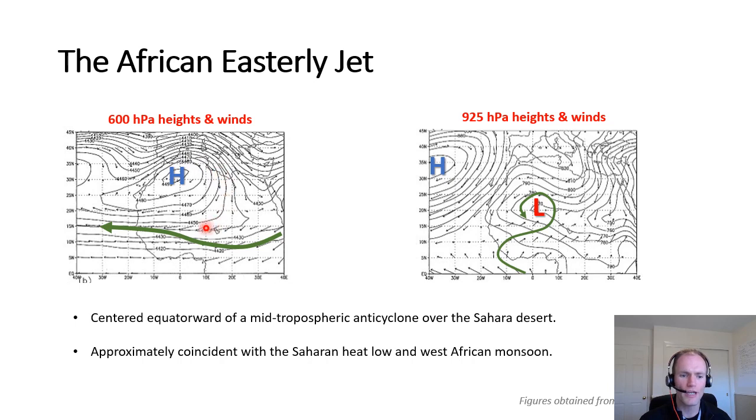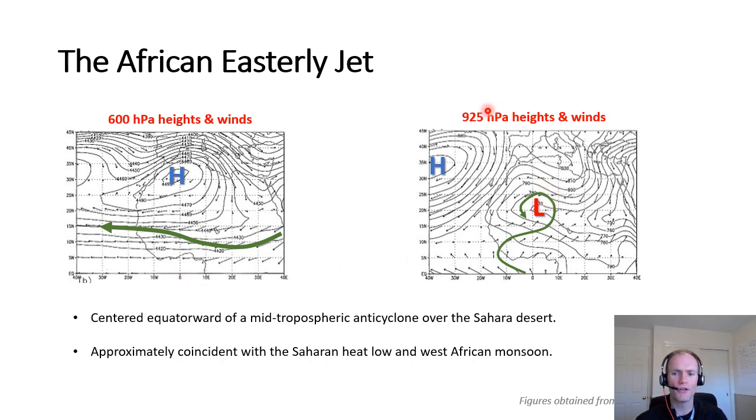And we have broad easterly flow, as we would expect from geostrophic balance, on its equatorward side. And it's the flow between that area of high pressure and the lower heights closer down to the equator that gives rise to that African easterly jet. But ultimately, what gives rise to this anticyclone, and why are heights lower further to the south, near to the equator? We'll talk about that here in just a moment.